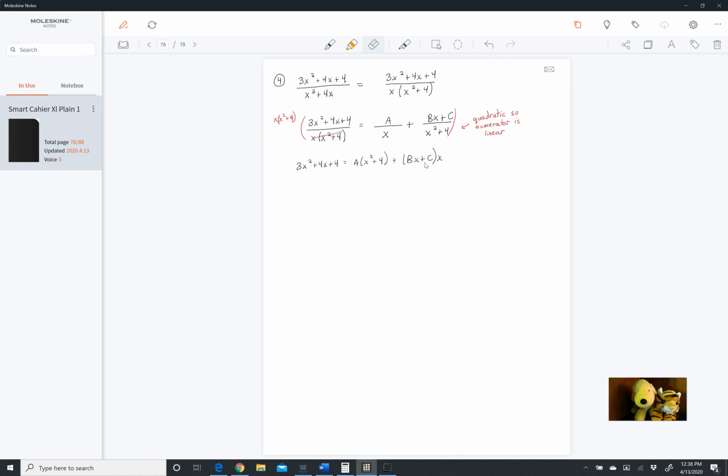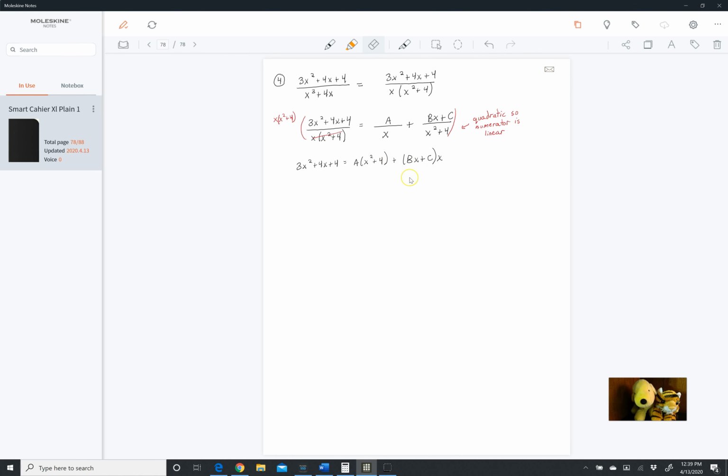So we're going to do this using the second method, okay? If we plug in 0, by the way, we can eliminate the b and the c and solve for a, okay? But there would be no way to eliminate the a and the b to just be left with c. So we can solve for a by using the first method, but we can't solve for b and c by using the first method.